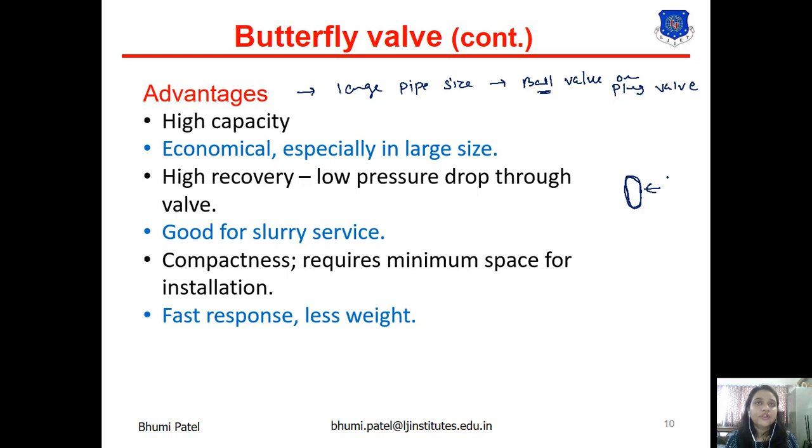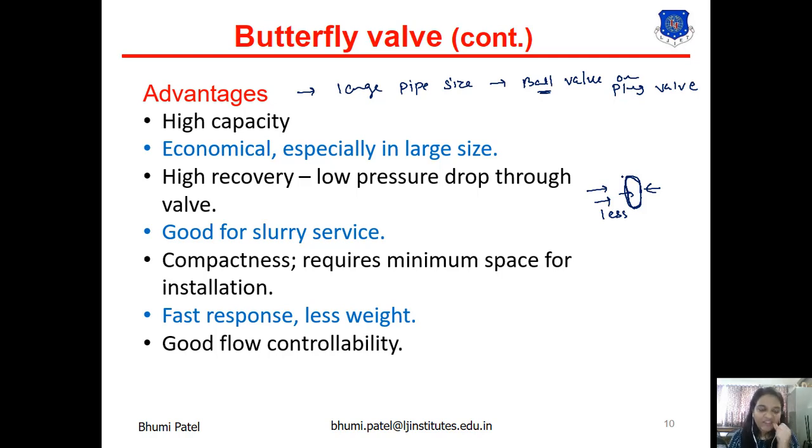Now the response of the butterfly valve is fast and the weight is less because we can use only a disc. So whatever input force is applied, using less force we can move or turn the butterfly valve compared to the ball valve, and it has good flow controllability.